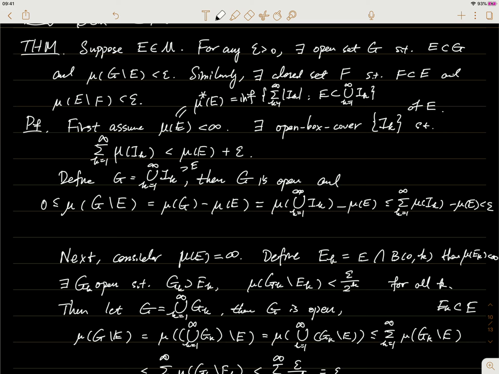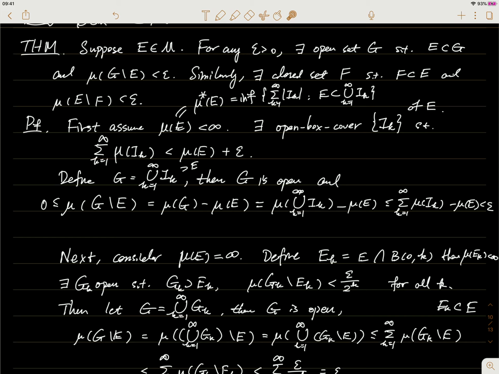Because this is an infimum, I know that I can find a specific open box cover such that the area of this, using the outer measure here, which is just the volume of these open boxes, is not too far from the infimum, meaning that this is less than the measure of E plus epsilon. On the other side, I know that its measure must be bigger than or equal to the mu of E, but I'm only concerned about the right-hand side right now.